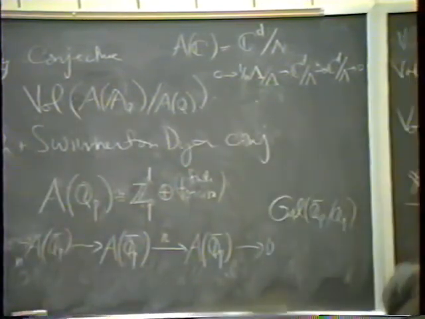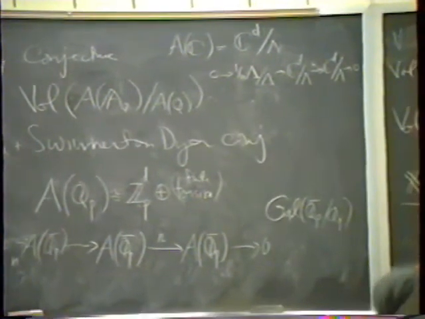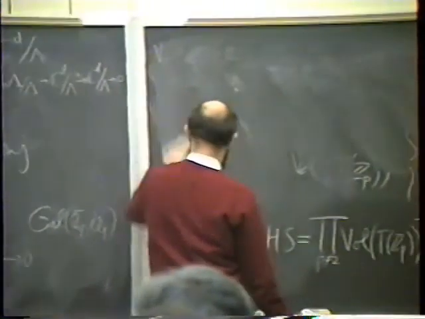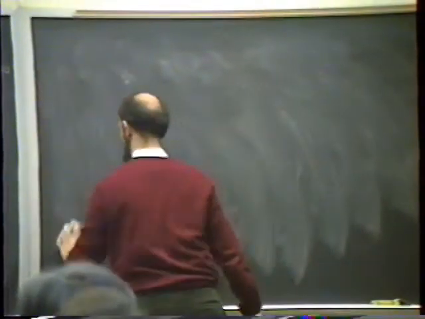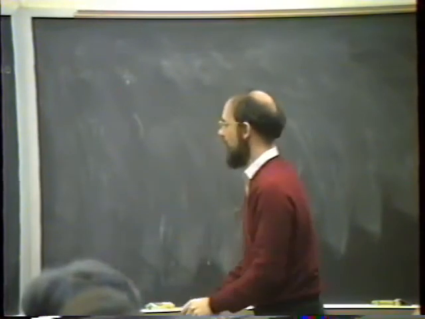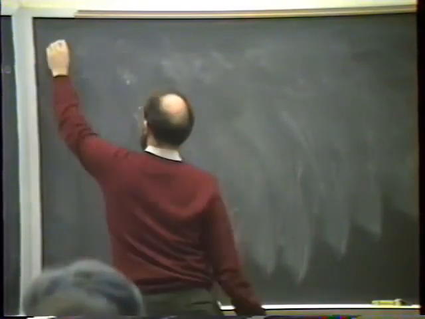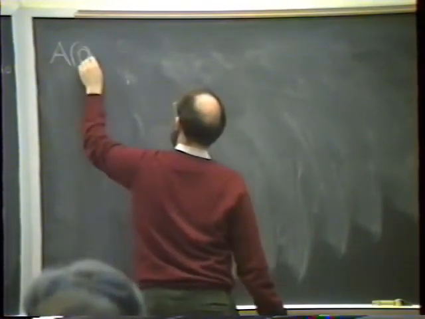So we can sort of imitate the way one always studies cohomology, and we can get A of QP.